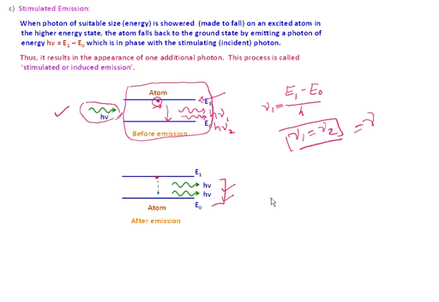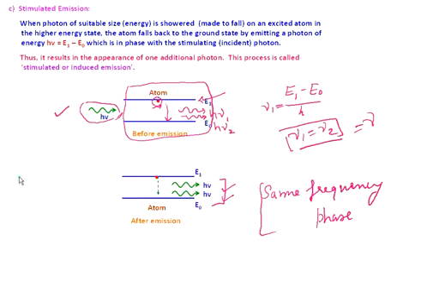This is the property of stimulated emission. In this way one can say that we have amplified the light. So this is the process explaining stimulated emission by taking only one atom, right?